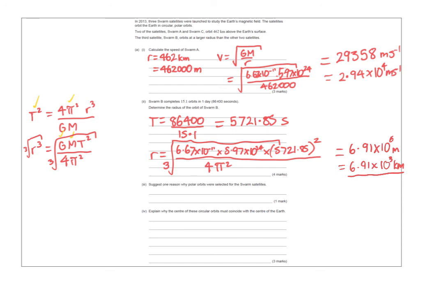Suggest one reason why polar orbit satellites were selected for swarm satellites. They are closer to the surface of Earth, therefore make better measurements.